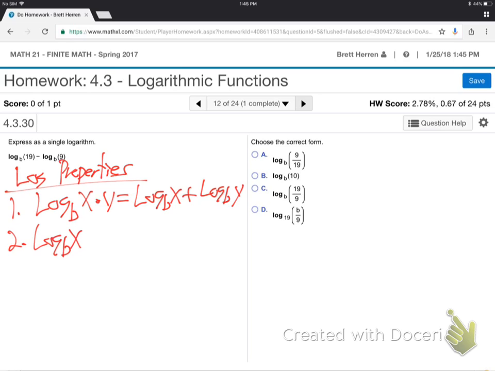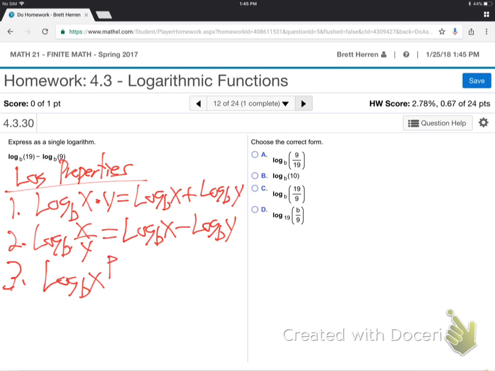And the log base b of x over y, so dividing, is log base b of x minus log base b of y. So notice multiplying becomes adding, dividing becomes subtraction. And the third property, log base b of x to a power, that power can come down to the front. Like that. Okay. So those are really important properties of logs.